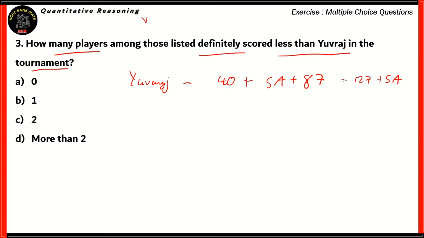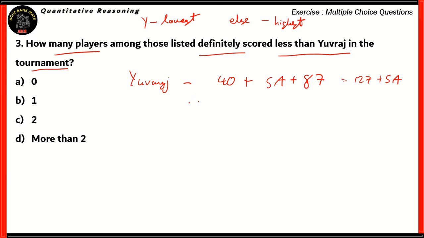We need to take Yuvraj's lowest possible score, and we need to take everybody else's highest possible score. In the highest possible score category, we need to make sure that some of these would be lower than the lowest score of Yuvraj.